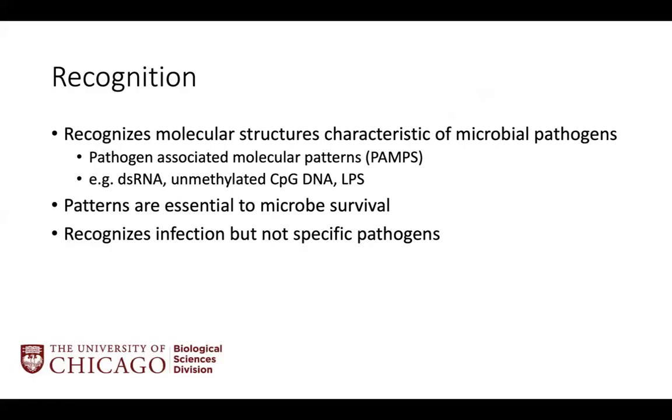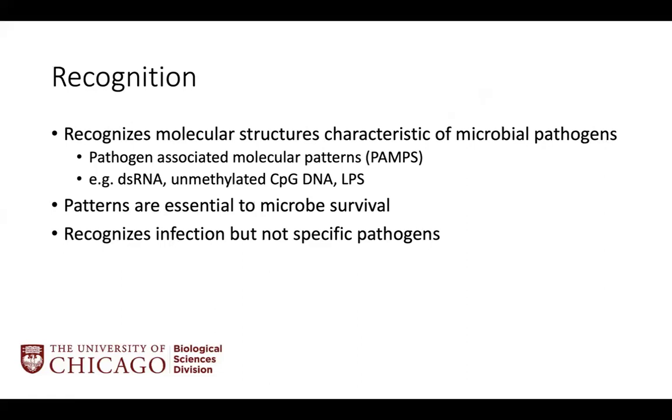Okay, so for recognition, this is a really important part of this chapter. It recognizes the molecular structure that is characteristic of microbial pathogens. So examples of microbial pathogen structures would include PAMPs, which are pathogen-associated molecular patterns.